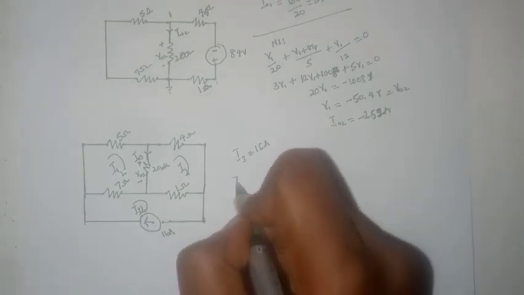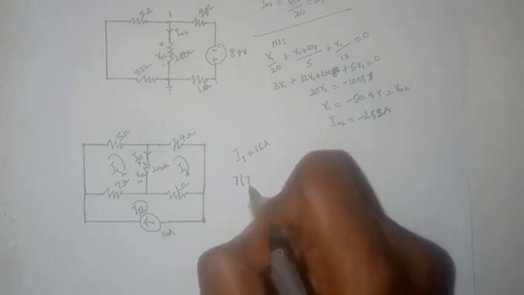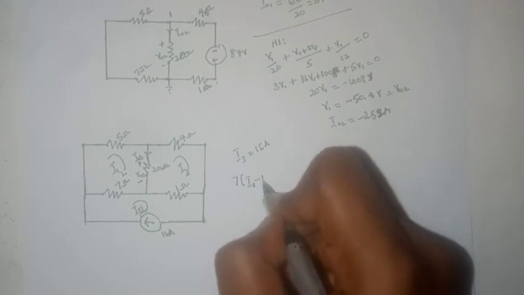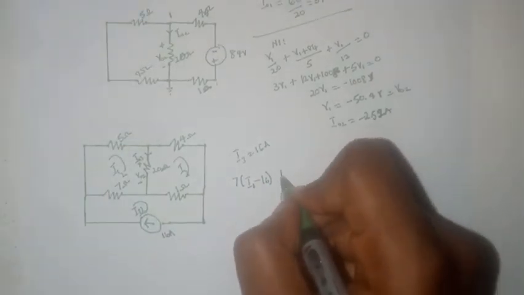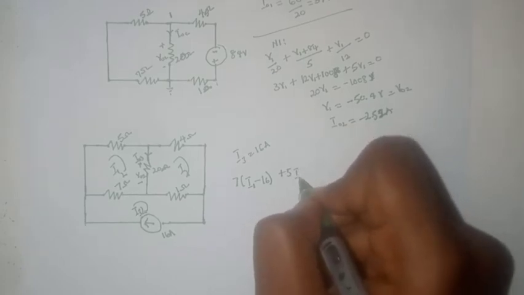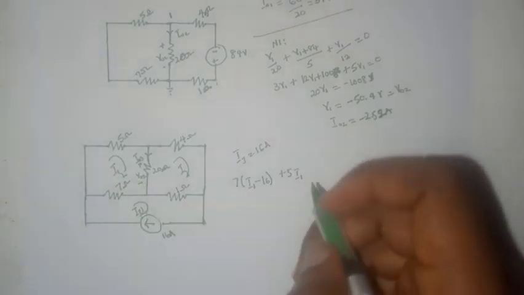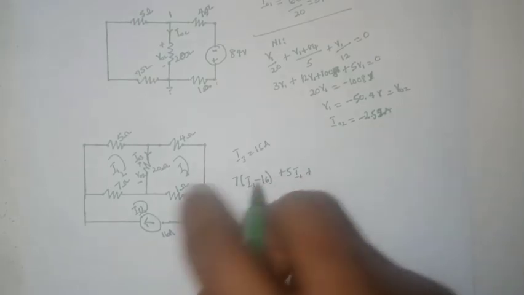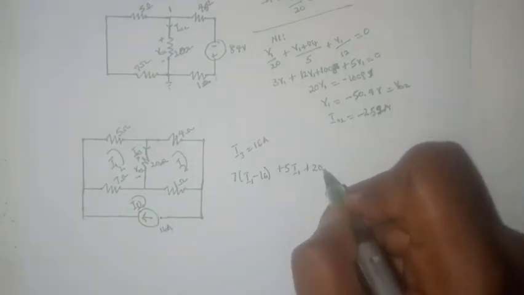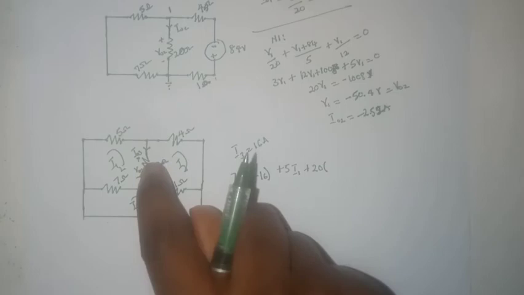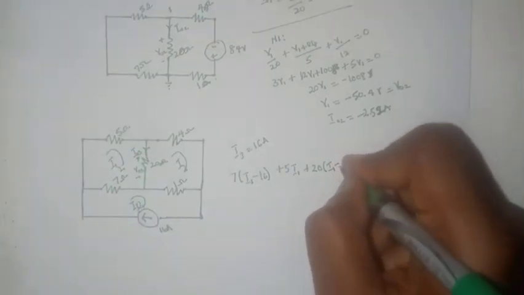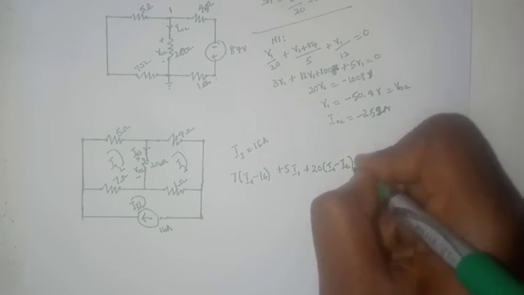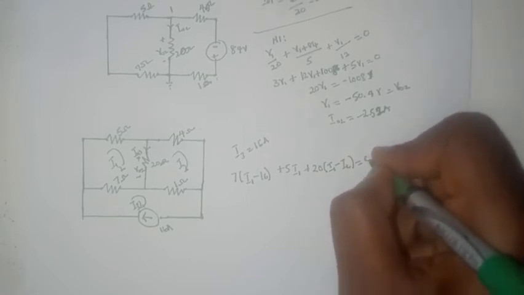Then we can write a KVL equation in this mesh: 7 times (I1 minus 16), plus 5 I1, plus 20 times (I1 minus I2), all equals 0.